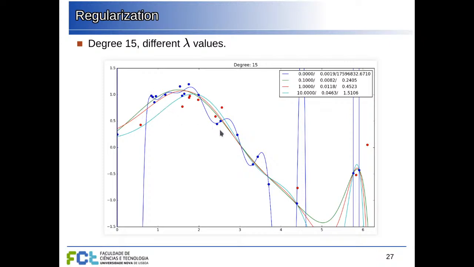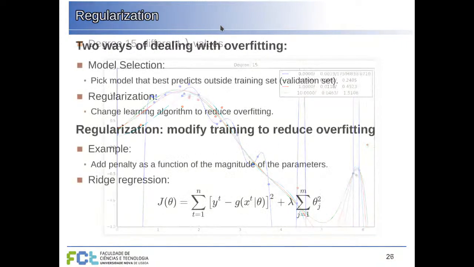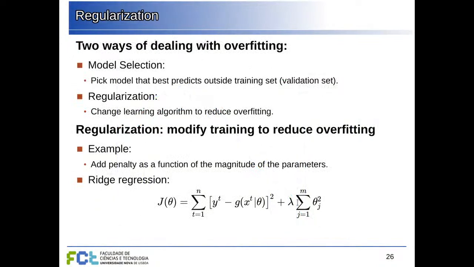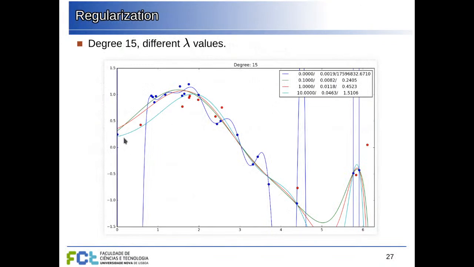It goes very close to the training set, but then it makes a lot of errors. But even adding just a bit of regularization, so just 0.1 on this lambda, we already have this green curve that behaves much better.